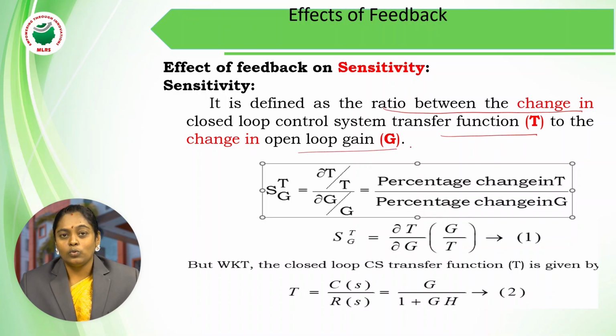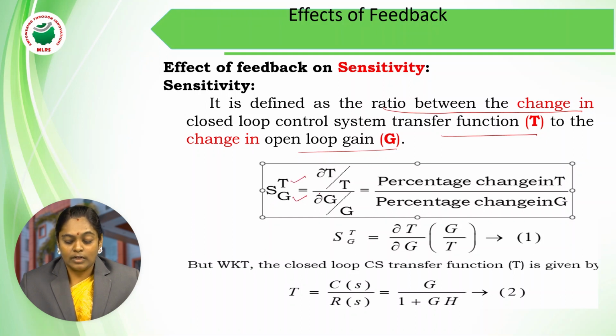Here there are two things we are considering: the closed loop transfer function, represented by T, and the open loop gain, represented by G. So sensitivity takes two parameters into consideration, the transfer function and the gain.